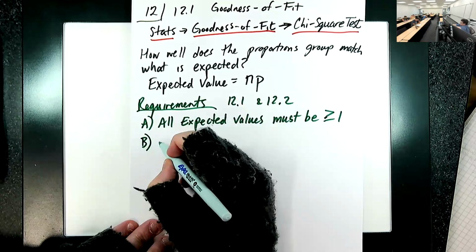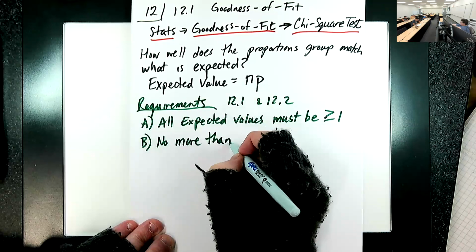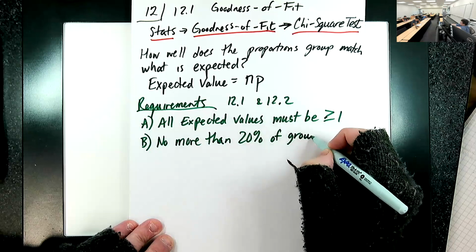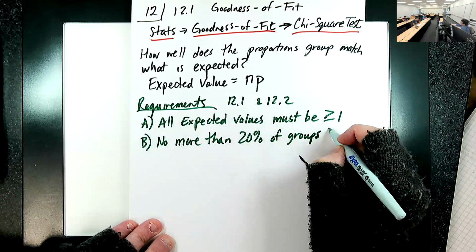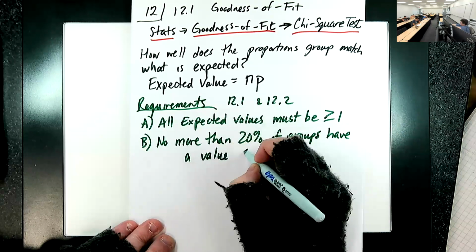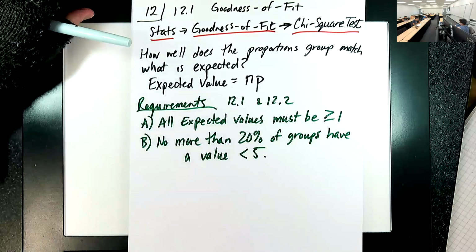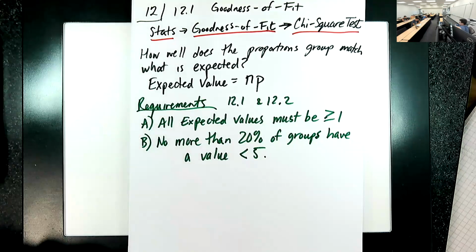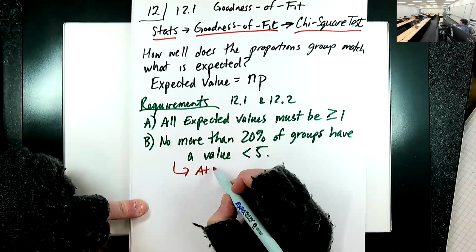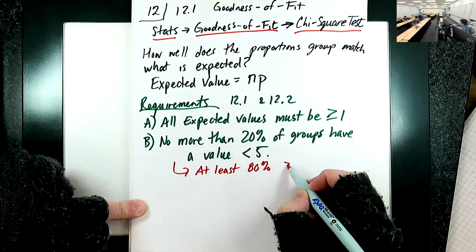B, no more than 20% of the groups has a value less than 5. Another way of rewriting this is that at least 80% are greater than or equal to 5.